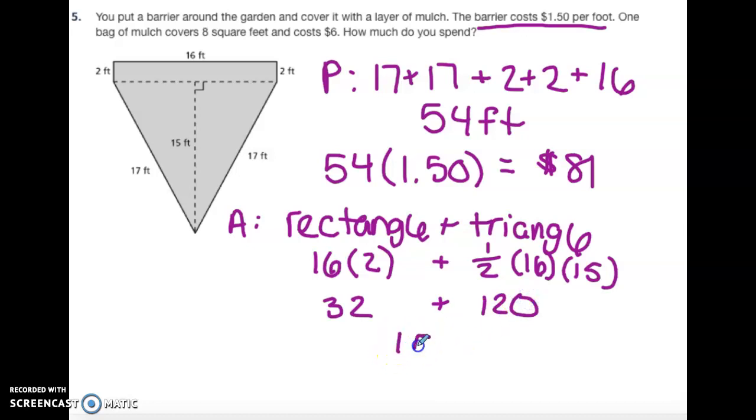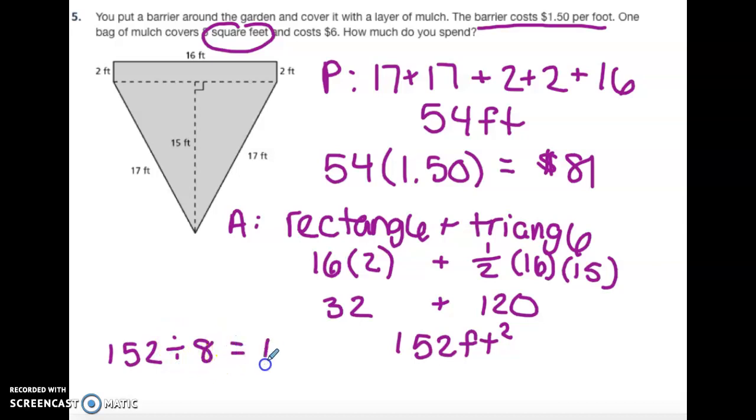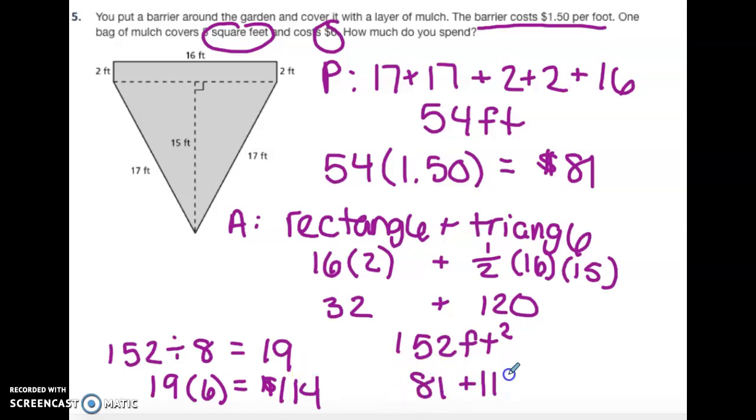Add them together, we get 152 feet squared. And 1 bag of mulch covers 8 square feet. So we're going to do 152 divided by 8 to see how many bags of mulch we need. We need 19 bags. They cost $6 each, so 19 times 6 is 114. And then we want to find the total cost. So we had $81 and $114. Our final cost is $195.